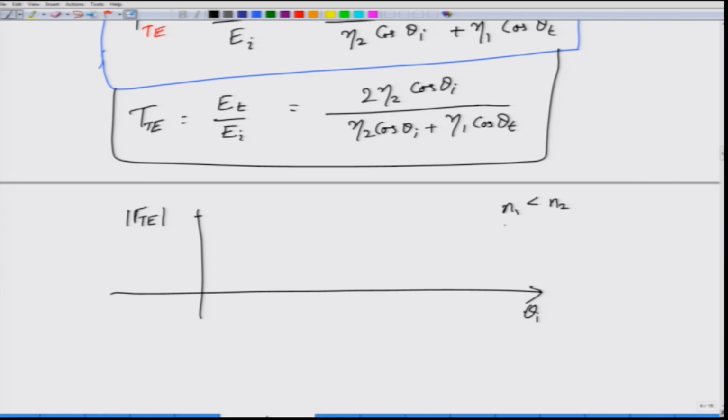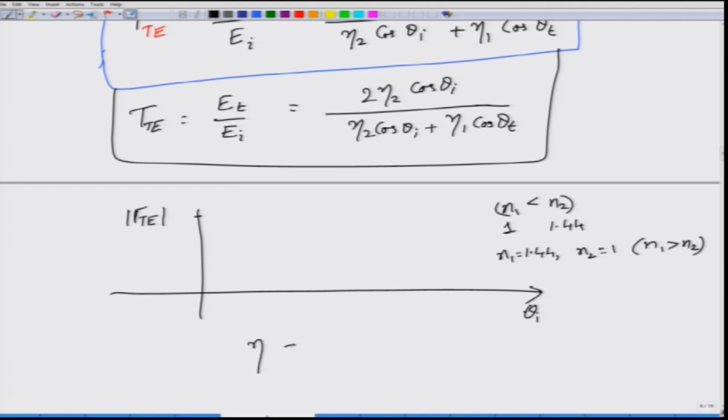This for example could be 1 and n2 could be 1.44, which is silica for us. Then we will interchange the media, so n1 equals 1.44 and n2 equals 1 for the second case. In this case obviously n1 is greater than n2.